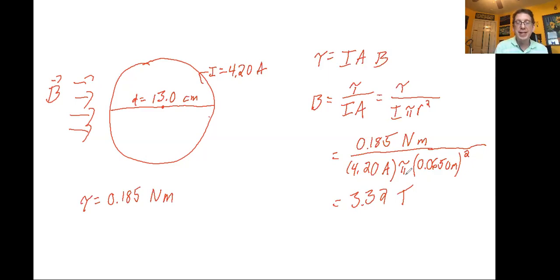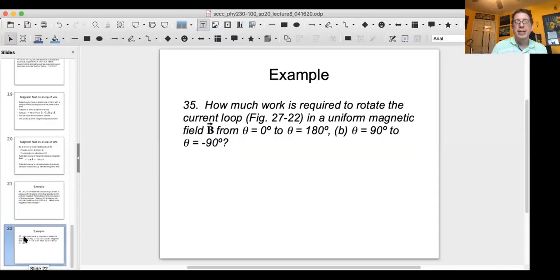So that's the first of our examples. The second example we're going to go through says how much work is required to rotate the current loop. And so this is problem number 35. Figure 27-22, in a uniform magnetic field from theta equals 0 to theta equals 180.